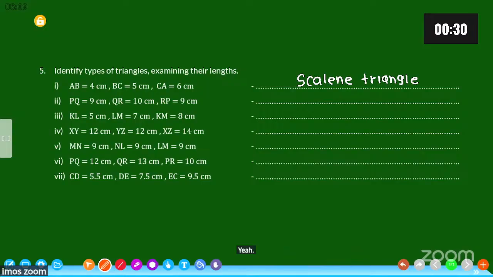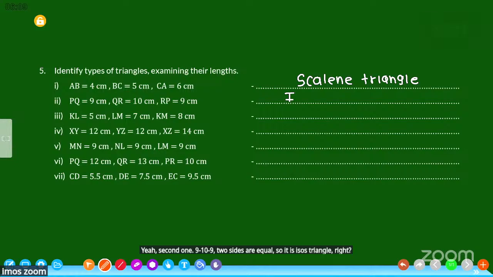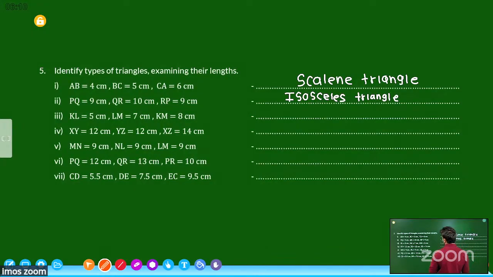Second one: 9, 10, 9. Two sides are equal. So it is an isosceles triangle, right? 5, 7, 8, different to each other. Because of that, it is a scalene triangle. 12, 12, 14, only two sides are equal.